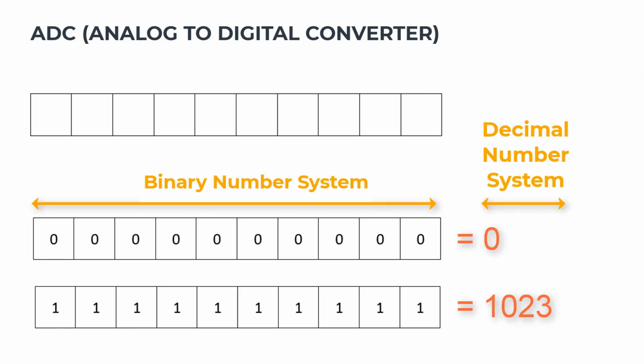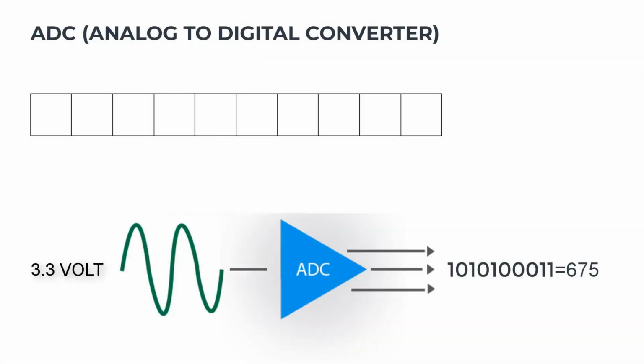This means the register can store 1024 different values. Each combination of zeros and ones corresponds to a unique decimal value, providing a total of 1024 possible values. For instance, if the signal input is 3.3 volts, the digital value we will get is around 675.